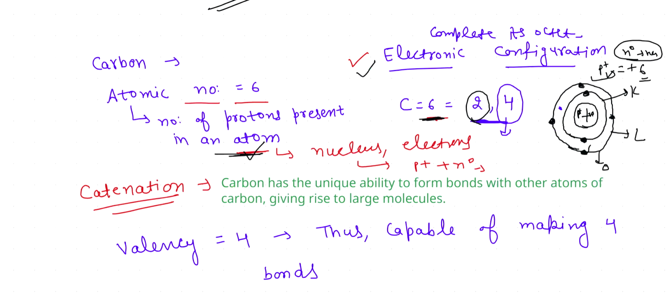The outermost shell is also known as the valence shell, and the electrons present in the valence shell are known as valence electrons. So what do valence electrons represent? They represent that an atom can form a bond.